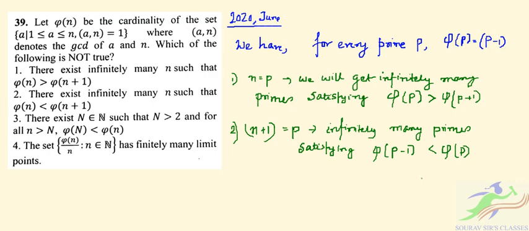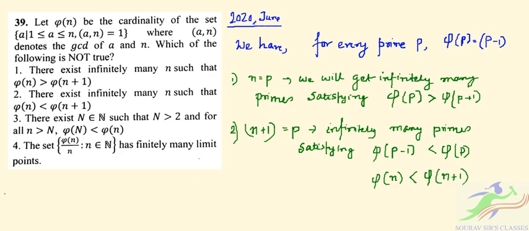That is, there exist infinitely many n such that phi of n is less than phi of n plus 1. So option 2 is also correct. This is a correct statement.